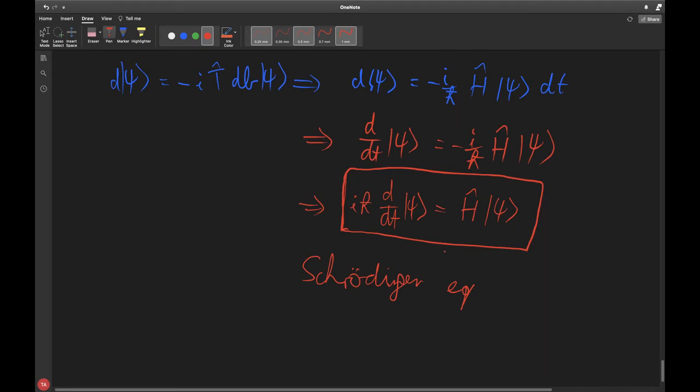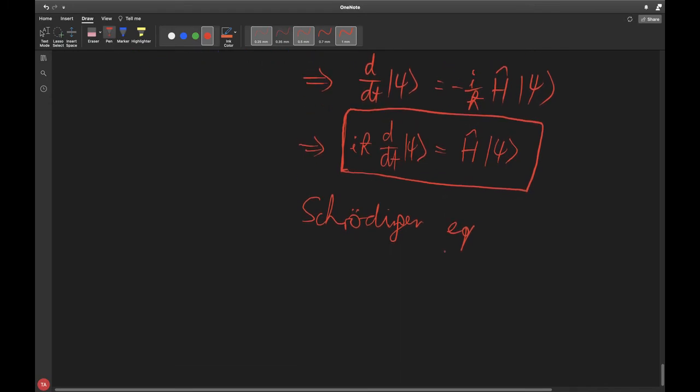So please note how little we have actually done. We were discussing how operators change in time, and we were abstractly just having parameters, which we now replaced, so that the parameter in which we are changing is time. So the time change of a state is just described by the Schrödinger equation, and we derived the Schrödinger equation in these very few steps.